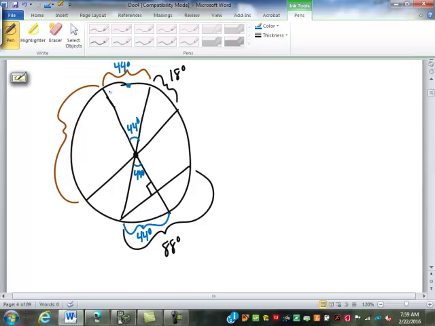So that makes this arc 44 plus 18, or 62, which makes this angle 62. Of course, that makes this 18. And since this is the diameter of a circle, this arc has to be 180. So 180 minus 62 makes this 118. Anybody have those right?